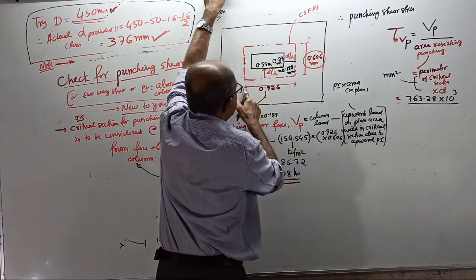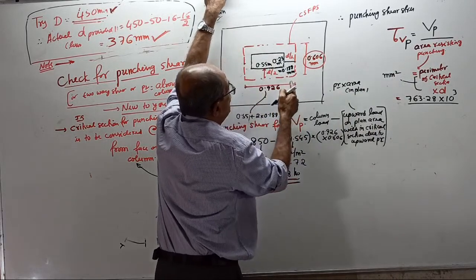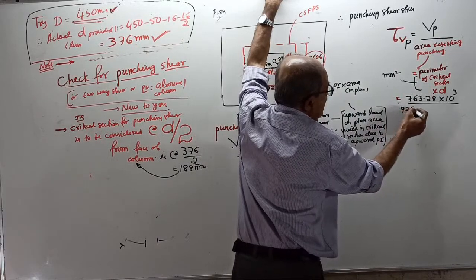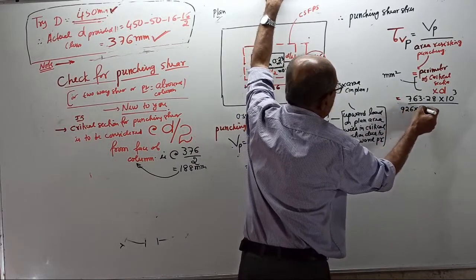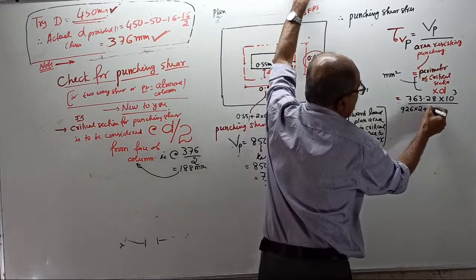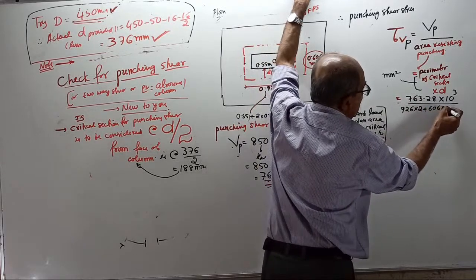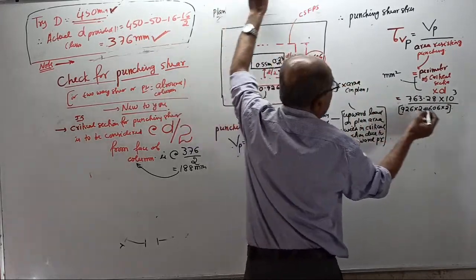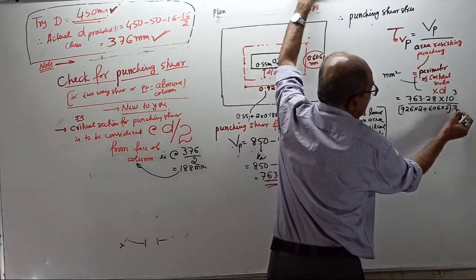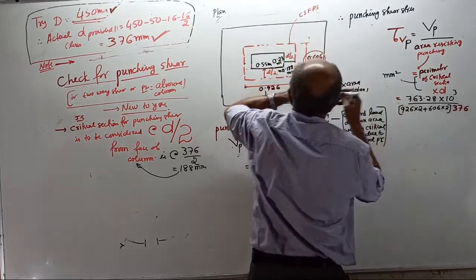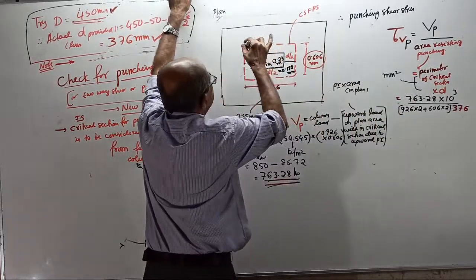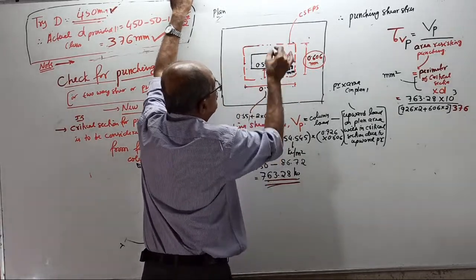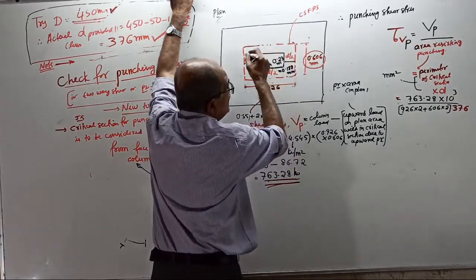Therefore the perimeter is 926 into 2 plus 606 into 2, into D, which is 376 millimeter. This perimeter is 926 mm into 2 plus 606 into 2.